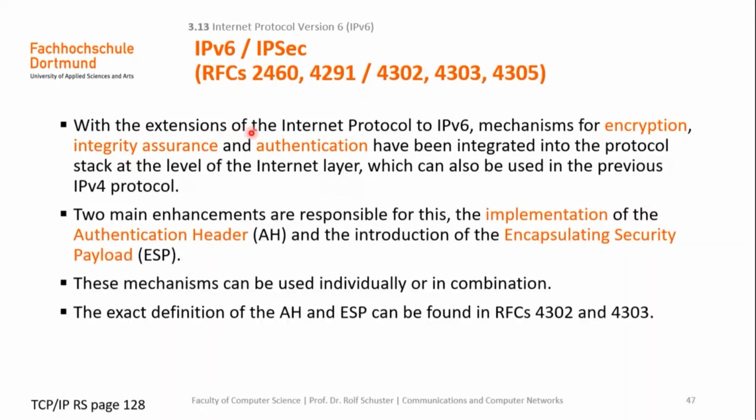Then with the extensions of IP version 6, mechanisms for encryption, integrity assurance, and authentication have been integrated into the protocol stack at the level of the internet layer, which can also be used in the previous IP version 4 protocol. The previous IP version 4 protocol, in fact, those security aspects are supported in what is called the IPSec standard.